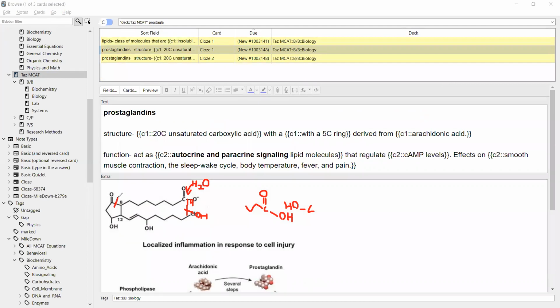We can't, because if we break this and add an OH here, this carbon is not going to be stable compared to if there was an O here. If there was an O here, then an O minus can exist. This is like organic chemistry.